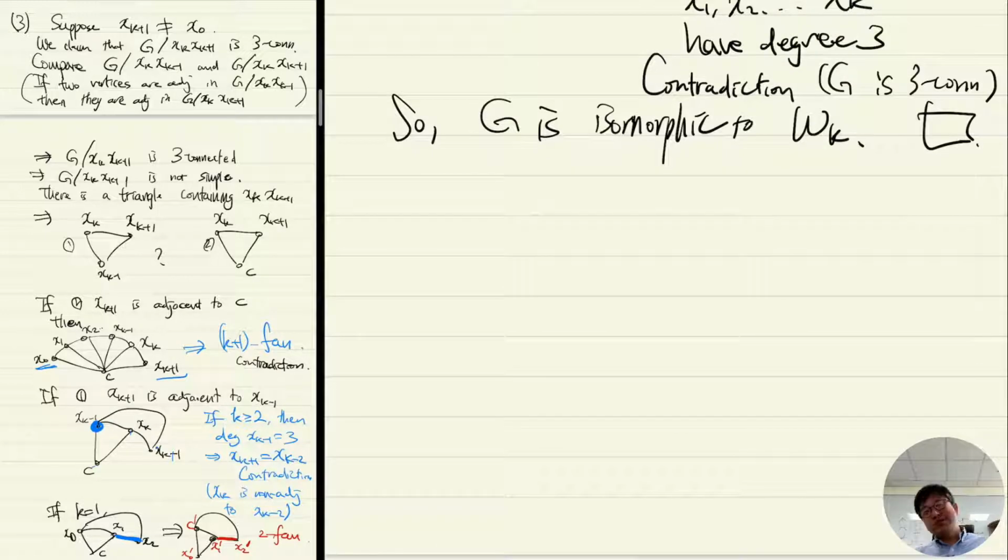So how do we use this to do something useful? Imagine that you have a statement. Let's say you want to prove something for simple 3-connected graphs. And one way to prove it is by induction on number of edges. You assume that graph is simple 3-connected.